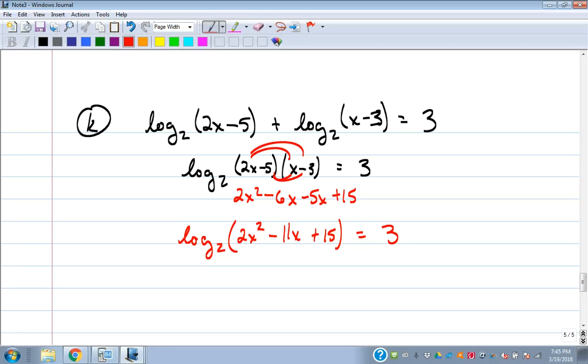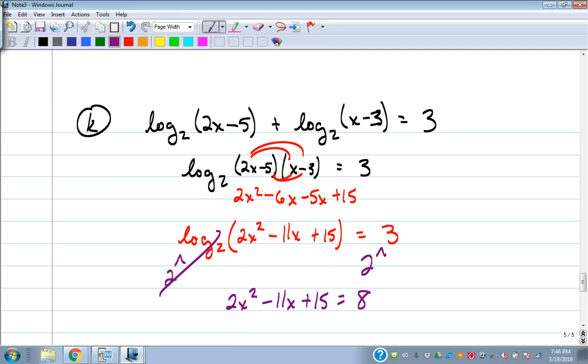Now what? Exponentiate with the 2 because it's log base 2, right? So 2 has a base. These cancel. There's that quadratic left over. 2 to the third power: 2 times 2 is 4, times 2 is 8.